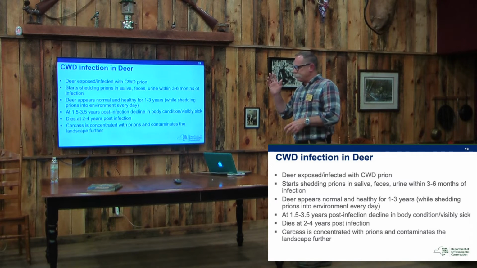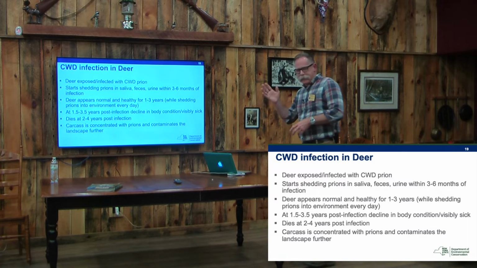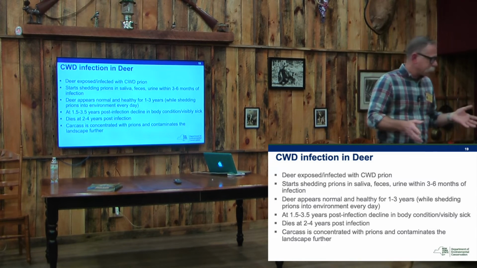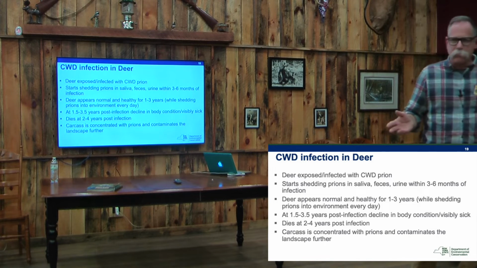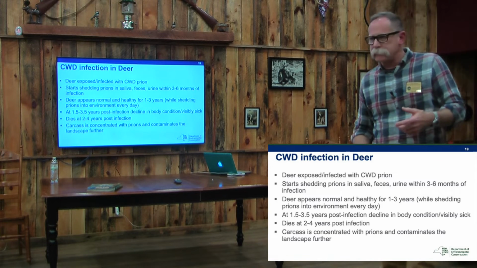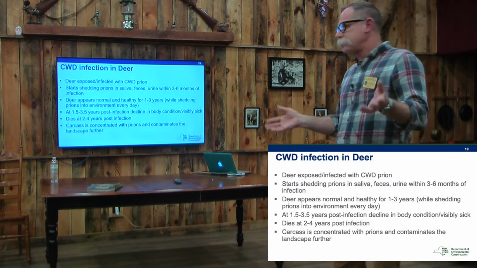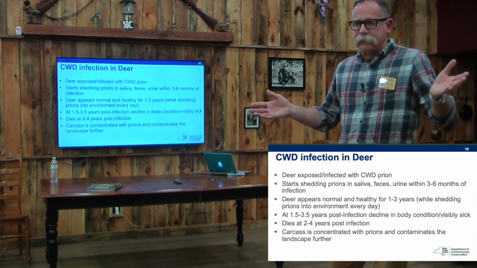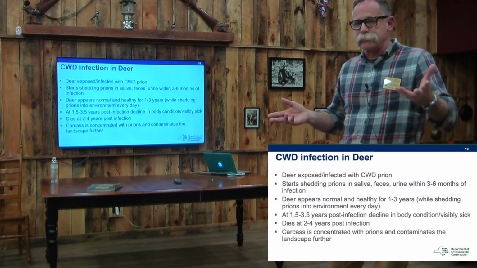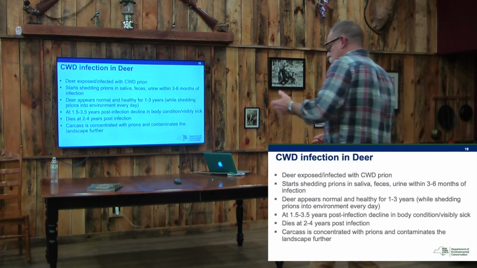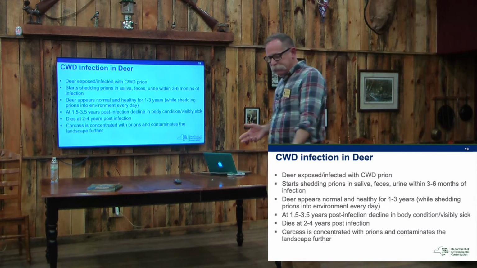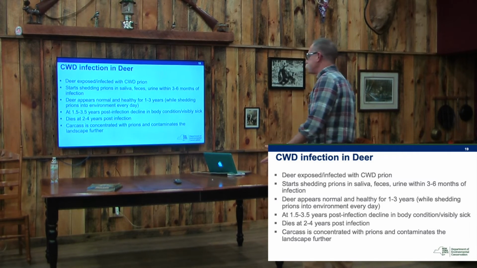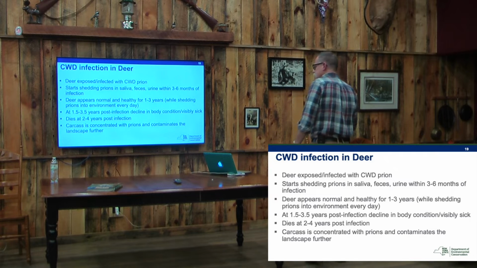And the sneaky part is, now for another year, 2 years, maybe even 3 years, depending on the deer, he's going around spitting out prions and pooping them out, and he looks perfectly fine. You can't tell there's anything wrong with him. He's acting normal. So you can't cull him out of the herd because you don't know which one has it. And every time he poops and pees, you've got another clump of prions in the environment just sitting there waiting for another deer to come across.